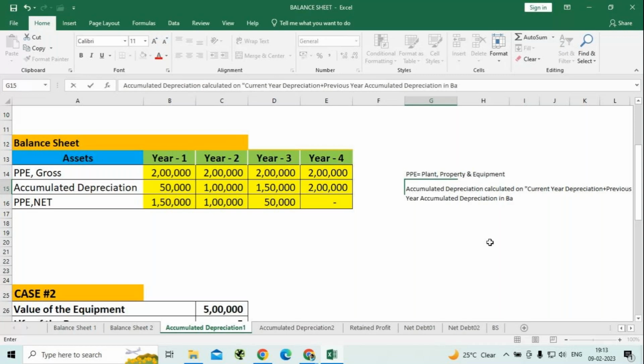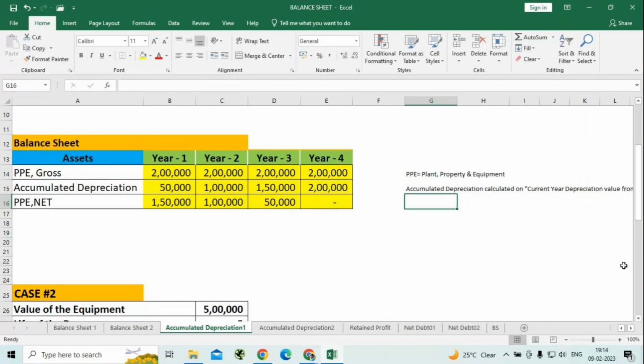The current year depreciation value comes from the income statement, so that it helps you understand easily: current year depreciation value from the income statement plus the previous year accumulated depreciation value of the balance sheet.